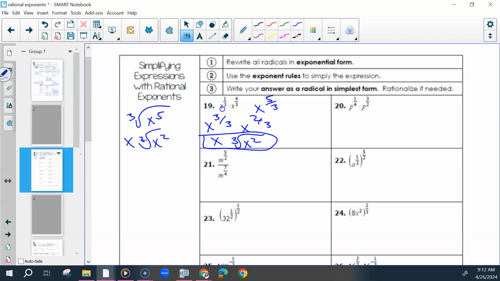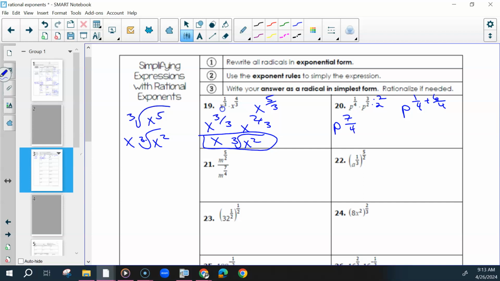Okay, we're going to do 20 also because they don't have common denominators. So again, like bases, again we're going to add, but these don't have common denominators, so we have to change one of them. What would that new fraction become? E to the 7/4.